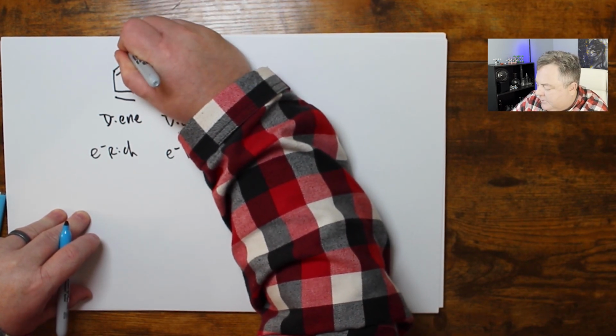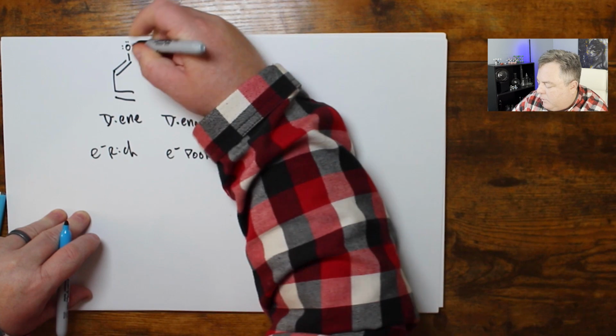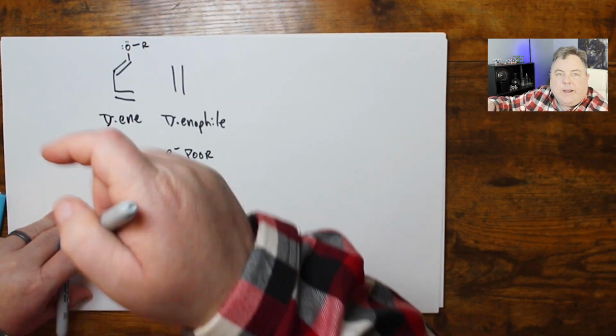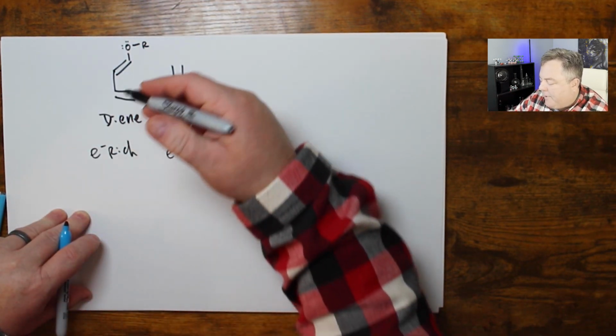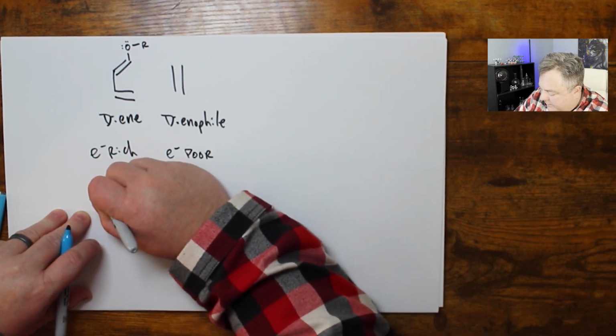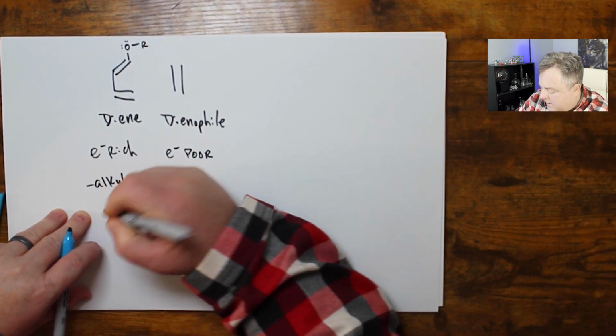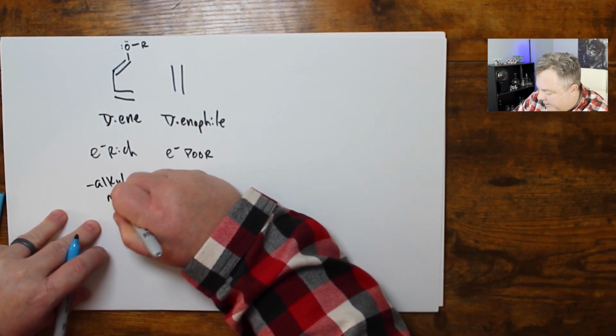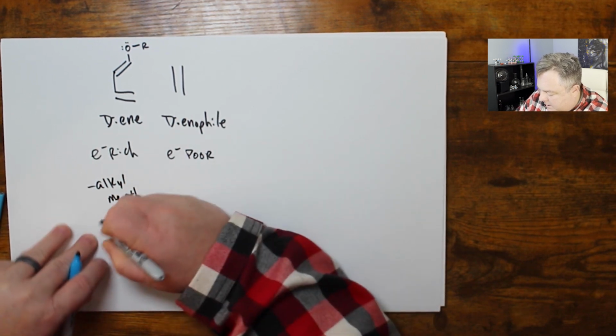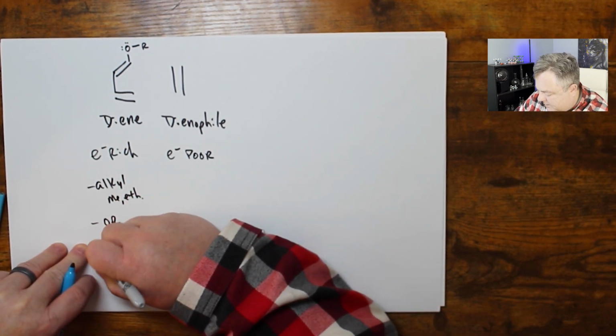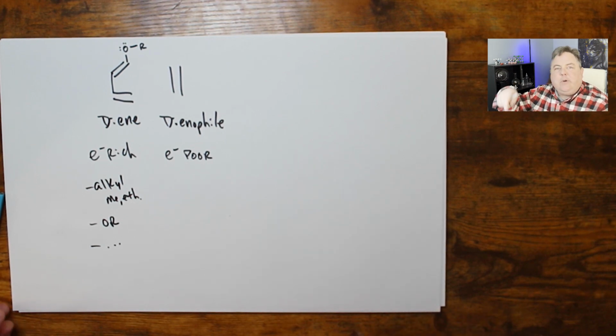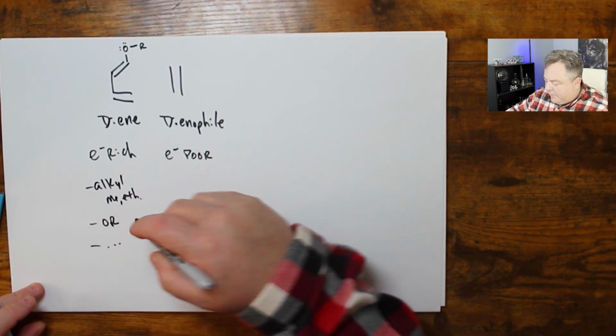Groups like an oxygen with a lone pair of electrons that can be donated into the ring. Or you might have an alkyl group, like a methyl or an ethyl. You can get OR groups. So groups that donate electrons in, electron rich.